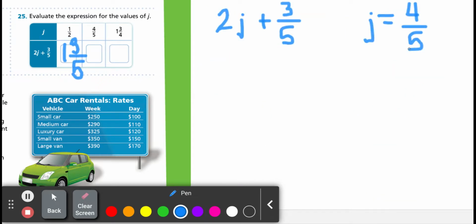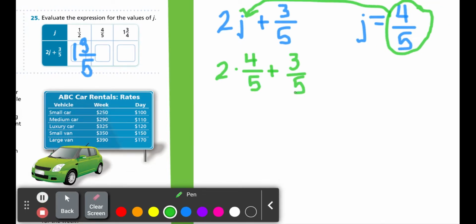Okay, the last question, I want you to evaluate the expression 2j plus 3/5 when j equals 4/5. So take that 4/5, plug it in, and let's see what's your final answer. So you plug it in and you should get 2 times 4/5 plus 3/5.